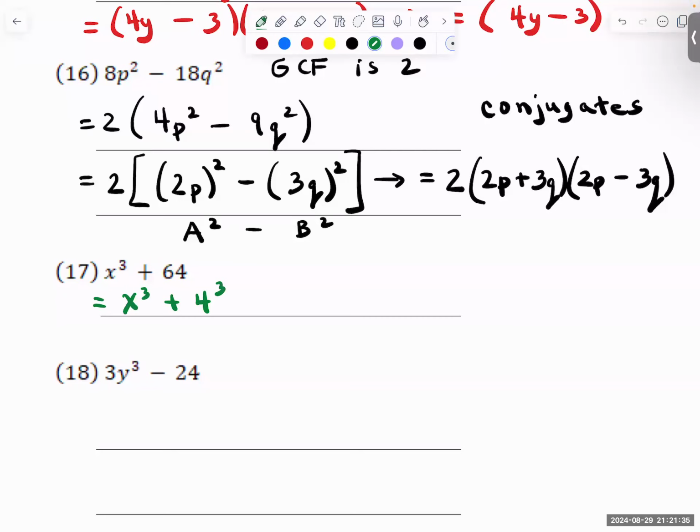So this reminds us to use the factoring formula for the sum of two cubes, a cubed plus b cubed, where capital A is x, and B is 4.